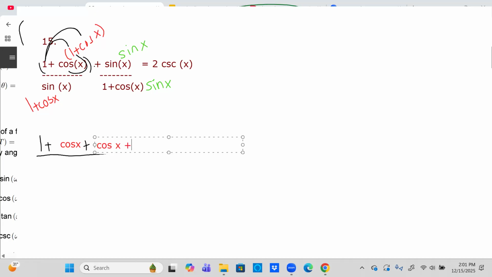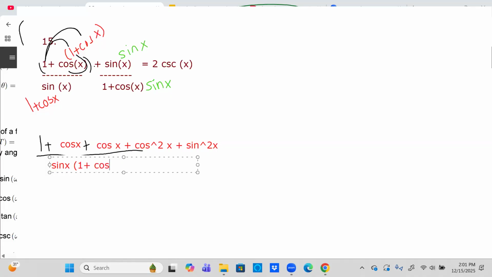And then cos times cos would be cos squared. Plus, on the other fraction, on the top, sine times sine would be sine squared. And then on the bottom, you would just have one big fraction, sine x, 1 plus cos x. And I would not distribute there.